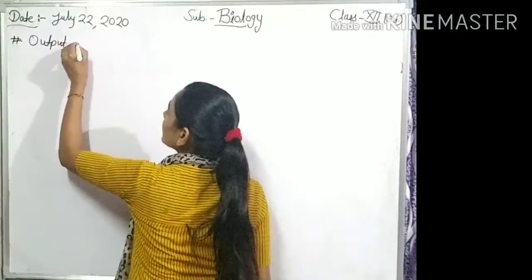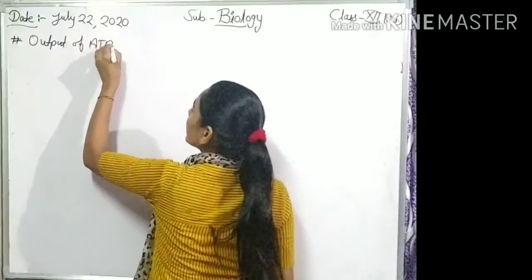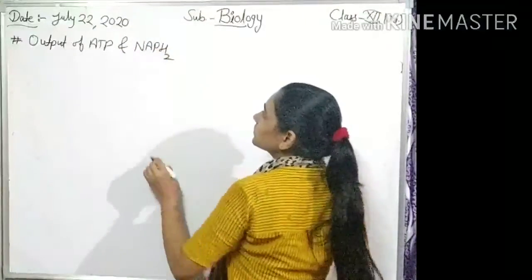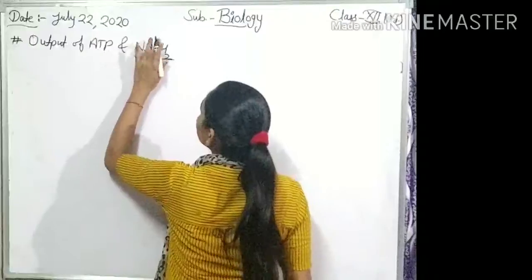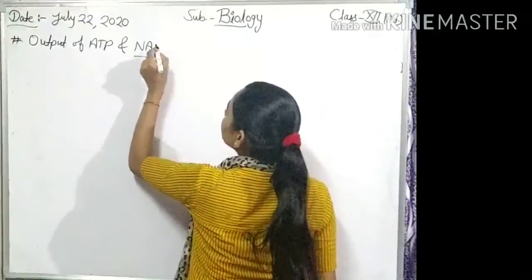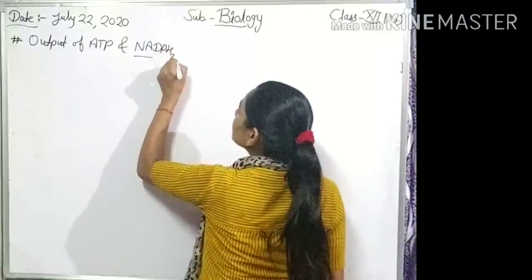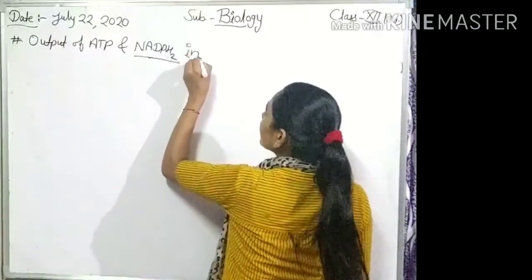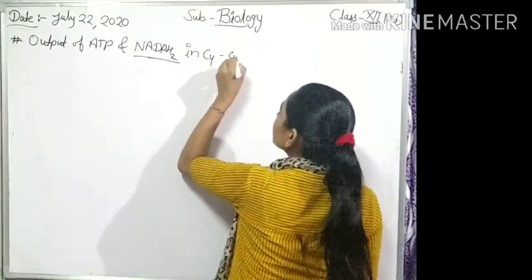Output of ATP and NADPH2 in the C4 cycle.